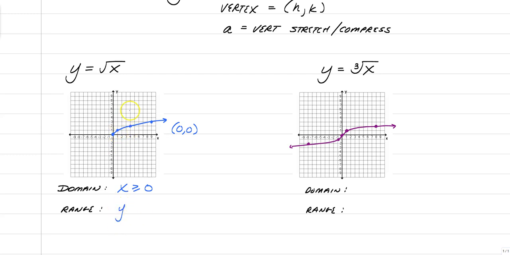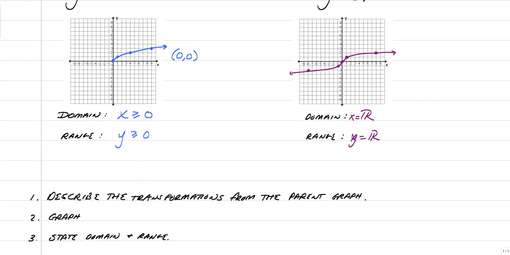And since it's going up, it's greater than or equal to the y-coordinate of your starting point. Now in terms of cube roots, both of them are going to be all real numbers, because, as you can see, cube roots go forever in all four directions, up, down, left, and right. So cube roots are easy for domain and range.